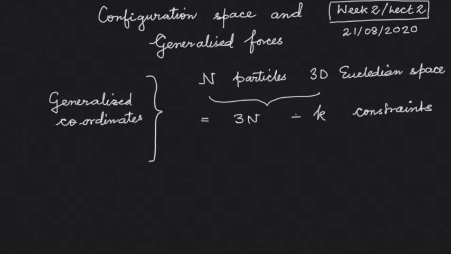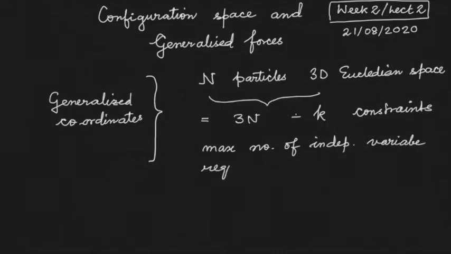So if I want to now describe the motion of this dynamical system, the maximum number of independent variables required is small n, which is 3n minus k, because in k directions the motion is restricted, so I don't need to consider the motions along those directions. In general, it can move in 3n, so 3n minus k is the maximum number of independent variables required to describe the dynamics of the system.